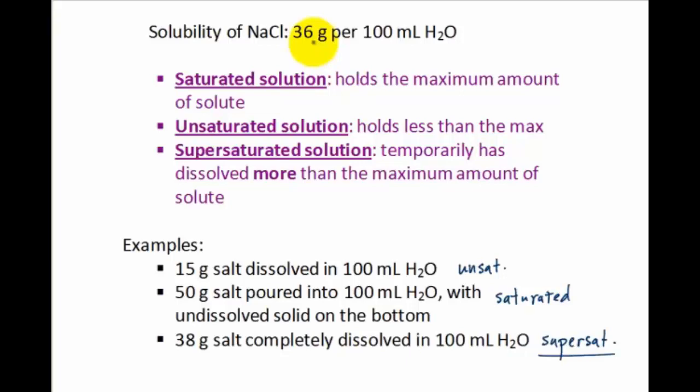It won't just immediately come out the second that the solubility level is reached, because that extra solid has to have some place to form. Okay? If we made sure our container was clean and we make sure no dust falls into it or anything, that extra solid won't have anywhere to form, so it has no choice but to remain in solution, but in sort of an unstable state.